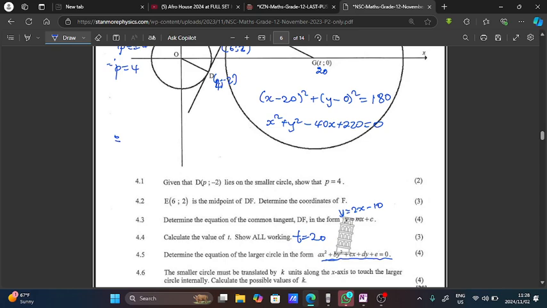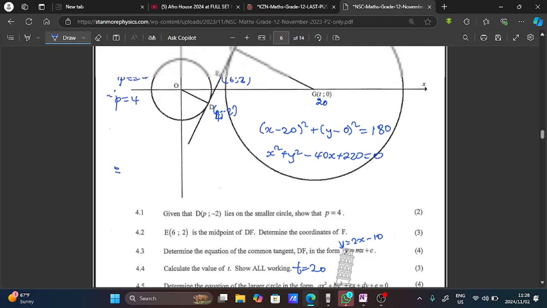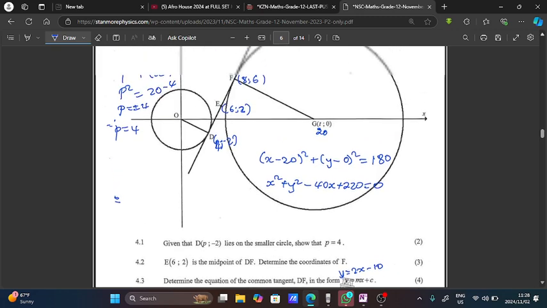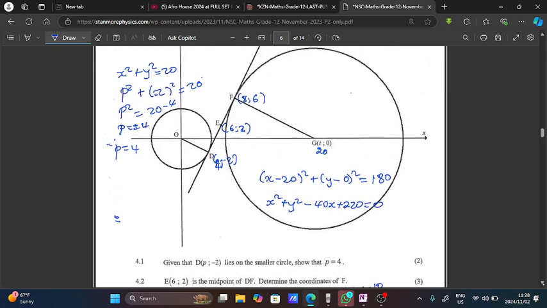Calculate the possible values of k. This is the equation.